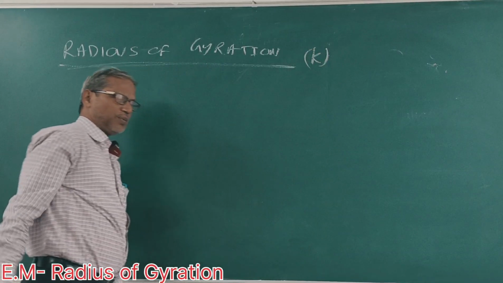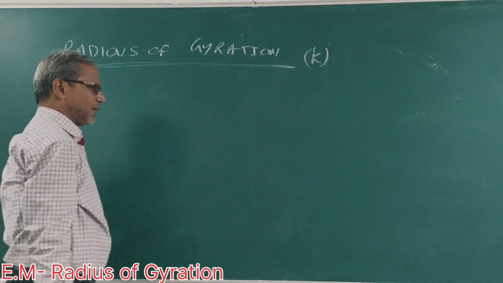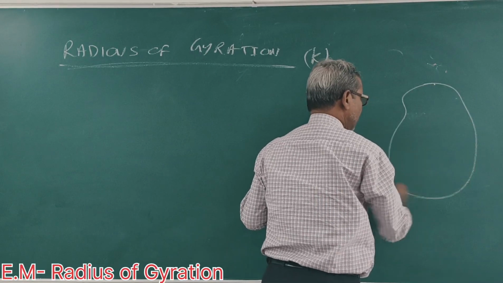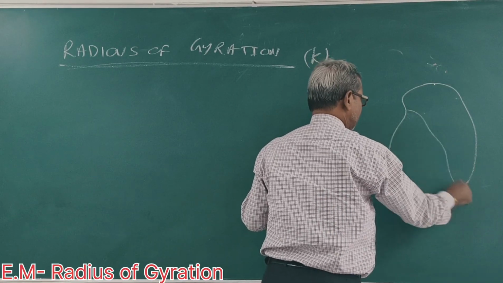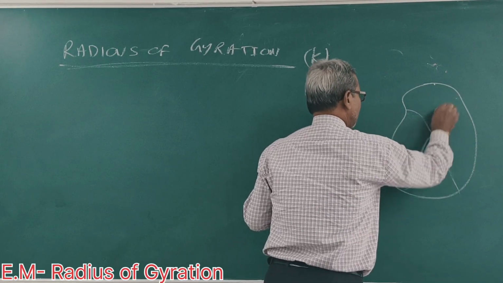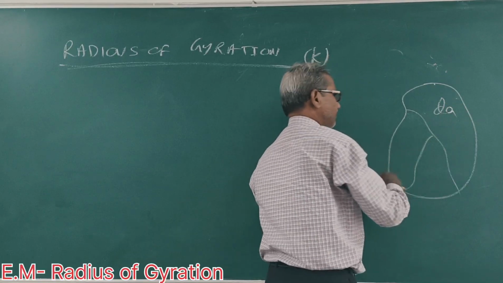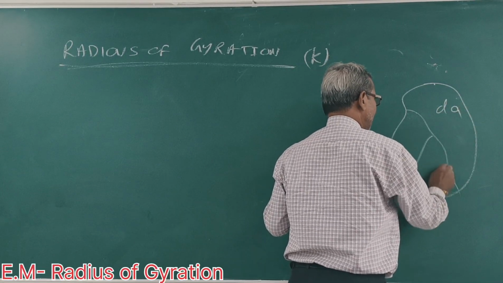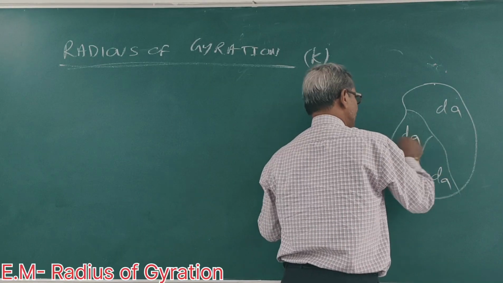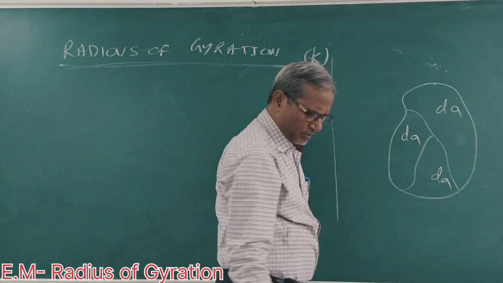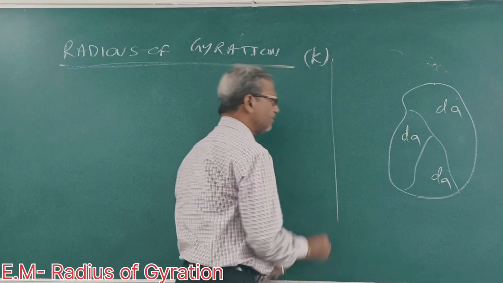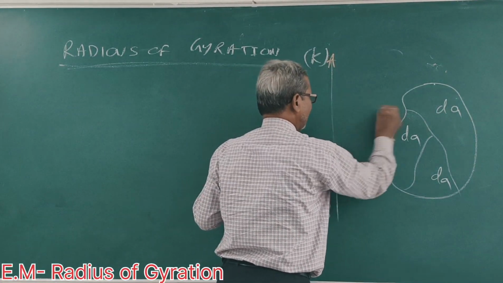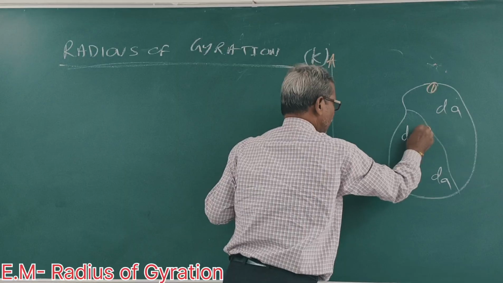Suppose we take a figure and divide it into three parts, each of area dA. Suppose this axis is AB, and this is part 1, this is 2, this is 3.